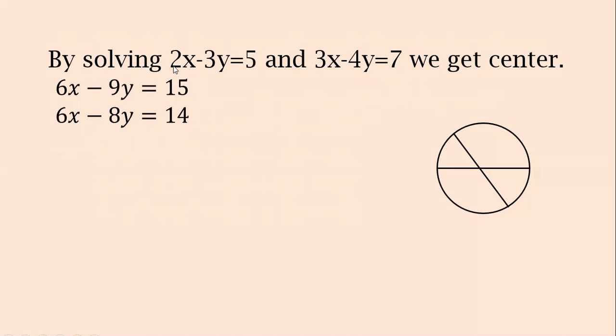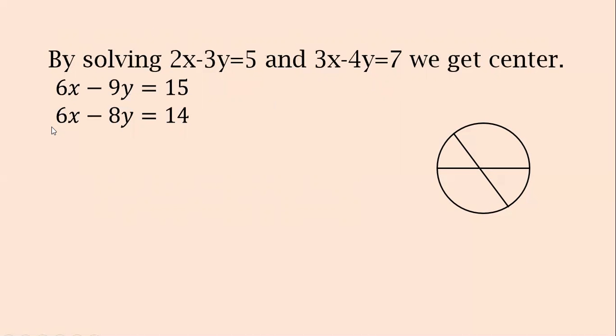So for solving, we multiply this equation by 3 and this equation by 2. Thereby we get 6x minus 9y is equal to 15, and multiplying the other equation by 2 we get 6x minus 8y is equal to 14.